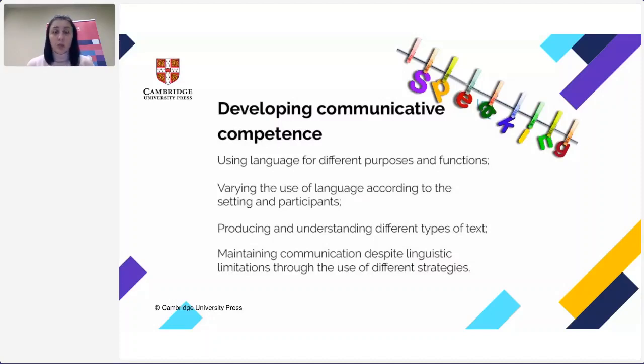Really? Yeah, something like this. Or some words that we can use for showing that we are happy, sad, or so on. Wow, or some others. Next one is maintaining communication despite linguistic limitations through the use of different strategies.